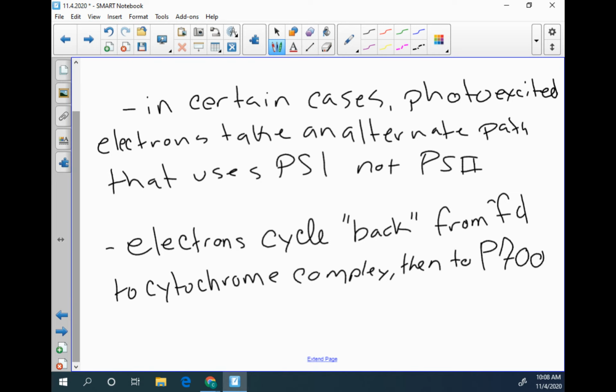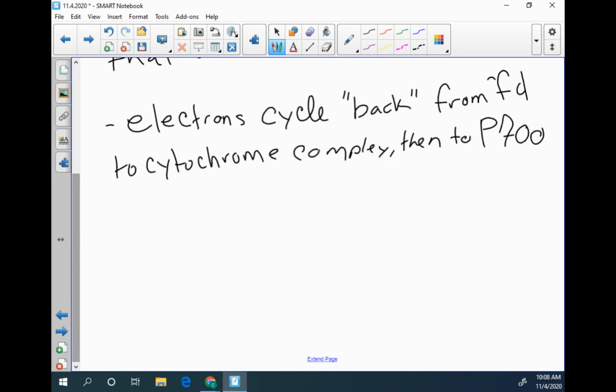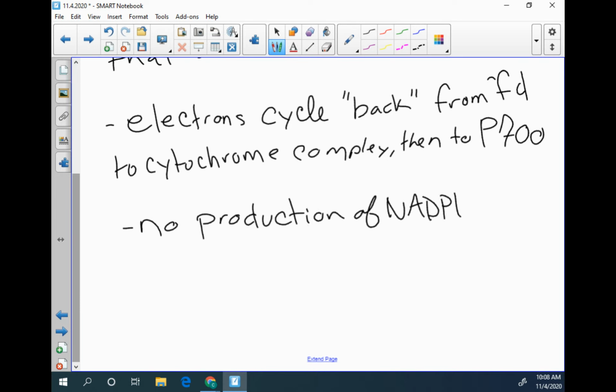To P700. In this process, there is no production of NADPH or oxygen.